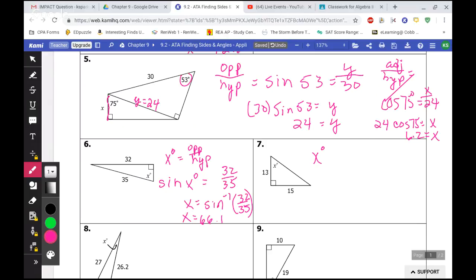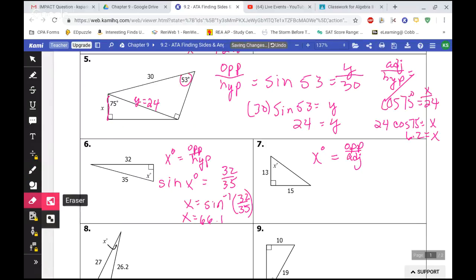So on this one, we have 2 leg measurements given, and we have opposite over adjacent. So which trig ratio will that be?